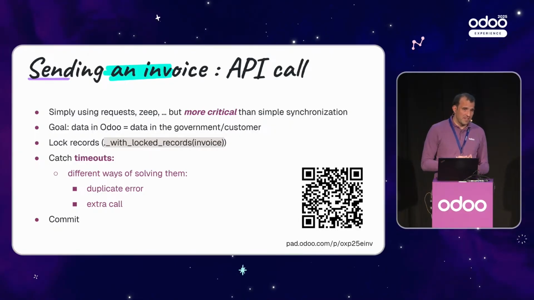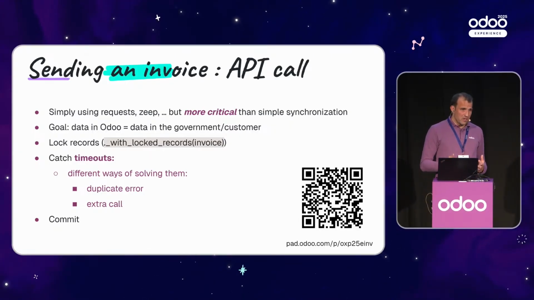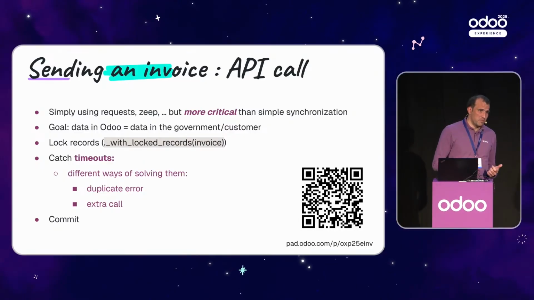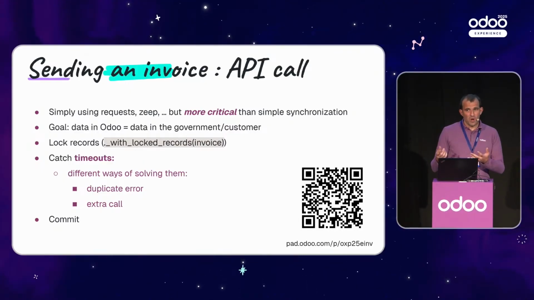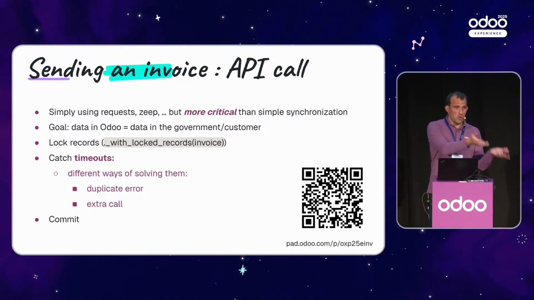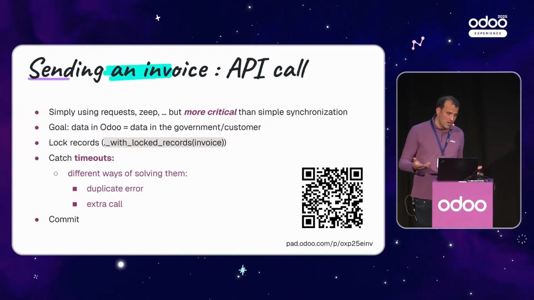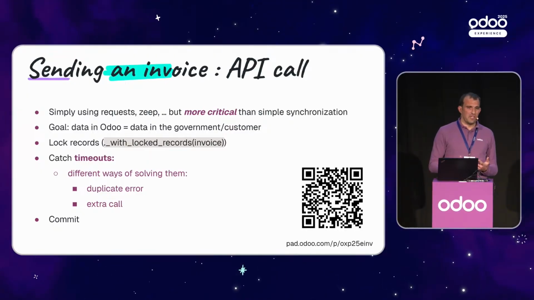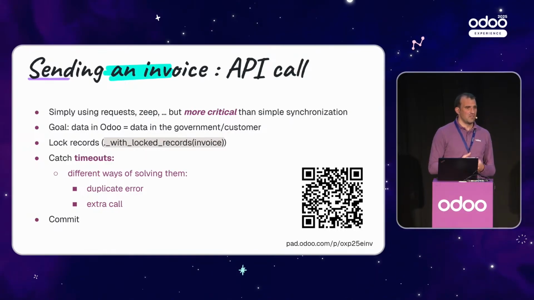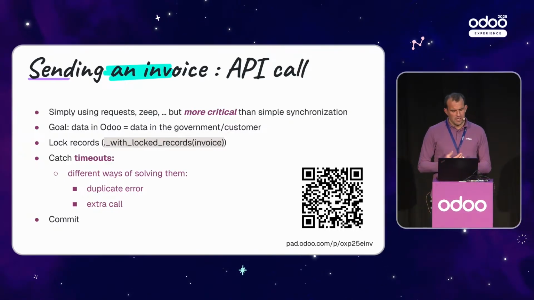For example, the database: you have to make sure that you lock the record before sending. Why? Because another process would want to write the information you get back from the government. It would also want to write on that invoice, and then you have a concurrent update. So that's one best practice you can easily follow. There's even a utility method for that, it's the with locked records. You find other ways.